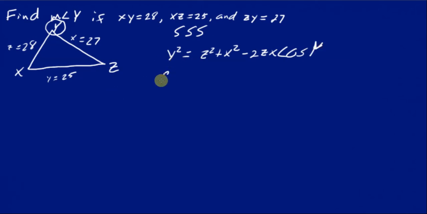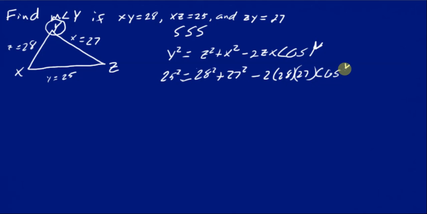All right, so we're just going to set that up. 25 squared is equal to z squared. Z is 28 squared plus 27 squared minus 2 times 28 times 27, and multiply that by the cosine of angle y. All right, well, 25 squared is 625.